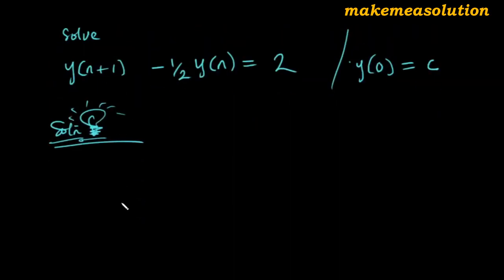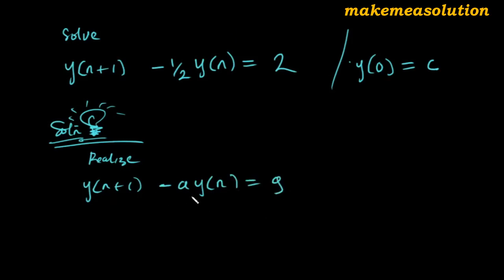Now, to solve this particular difference equation, you have to realize that this is a difference equation of the form y of n plus 1 minus a y of n equal to g.